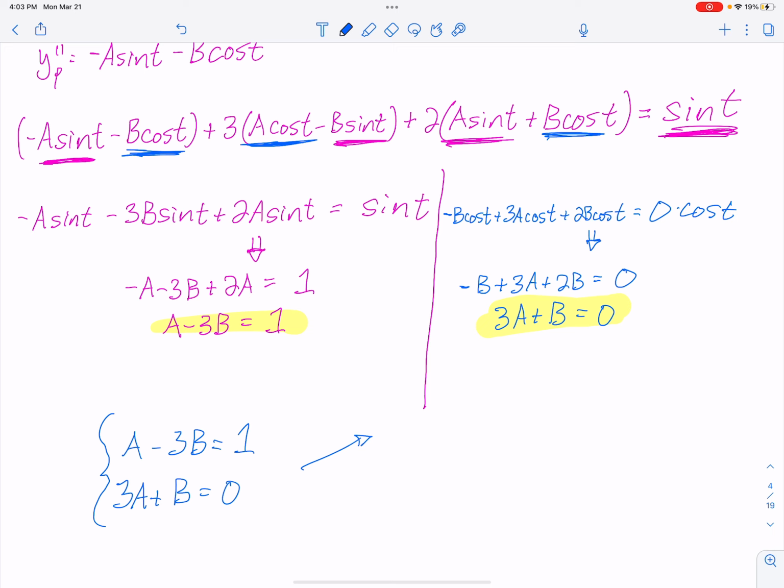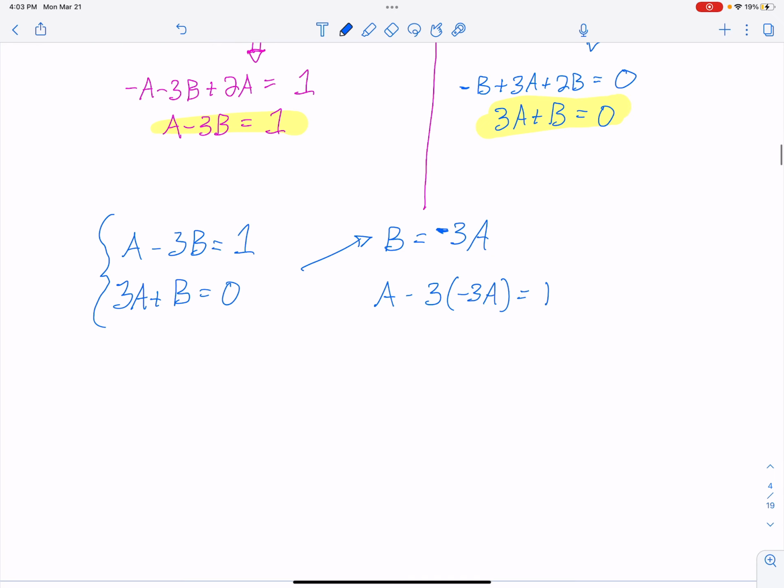This gets me that b is equal to negative 3a, and now I'm going to plug that into my first equation. So I get a minus 3 times negative 3a, I just replaced b, equals 1. So a plus 9a equals 1, so I get 10a equals 1, which means a equals 1/10.